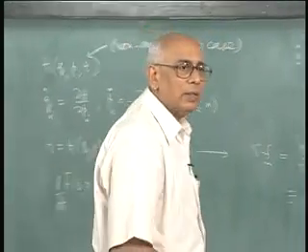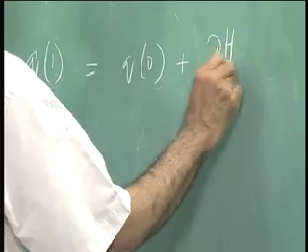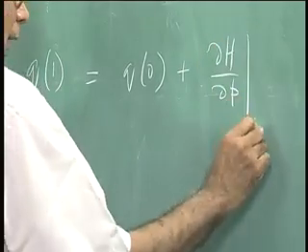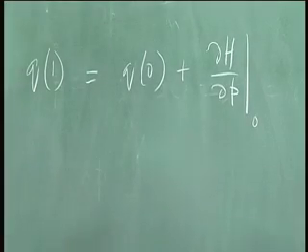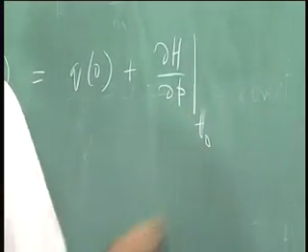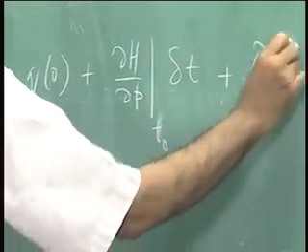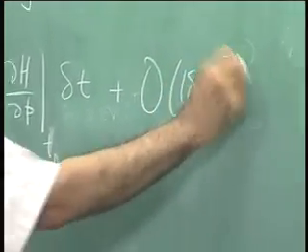But what is q dot? Delta h over delta p, and this is at time 0, time t0, at the point p0, q0, times delta t plus order delta t whole squared.